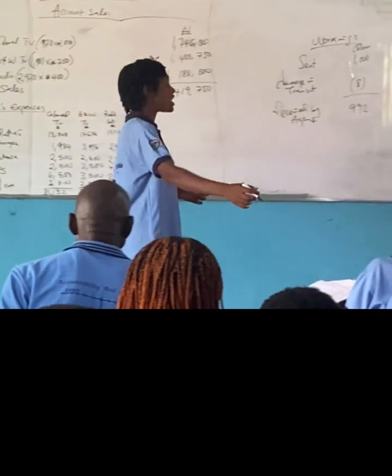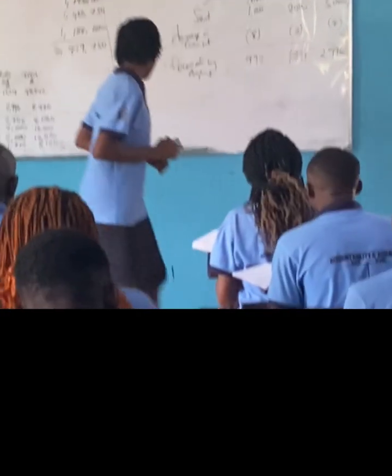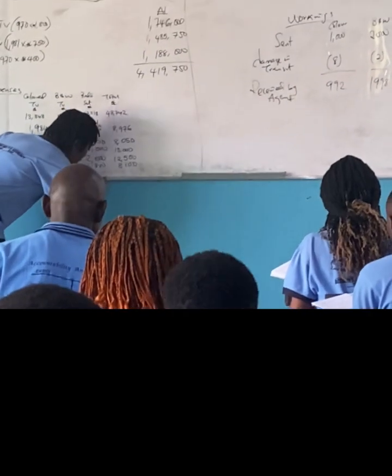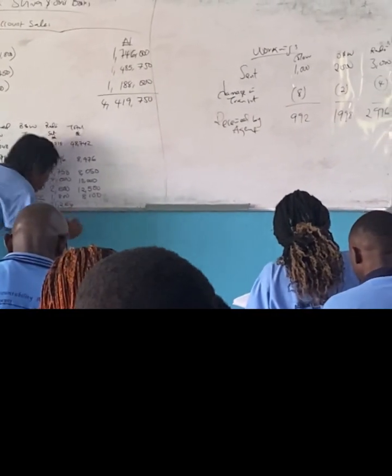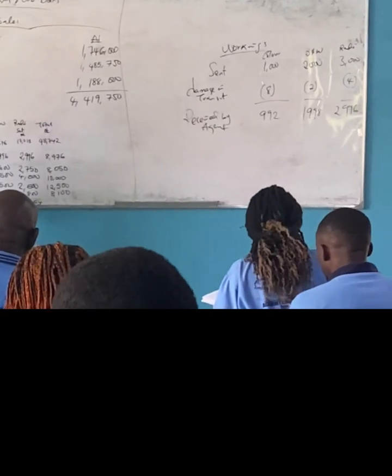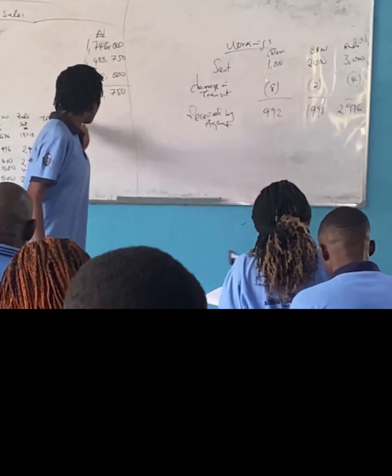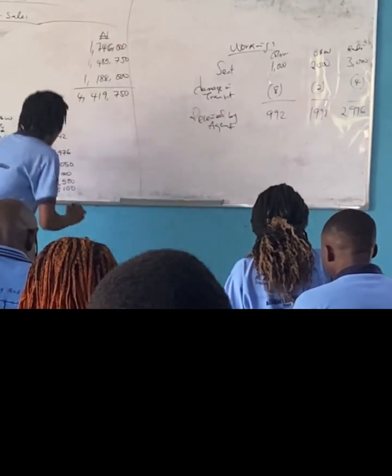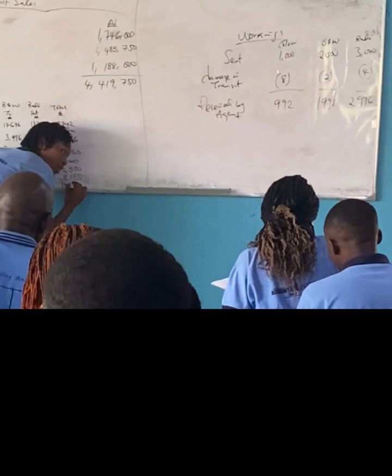Radio set, 31,264. 264, we are adding 160. You people added like this, right? Yes. 96 what? 96. Add that one.